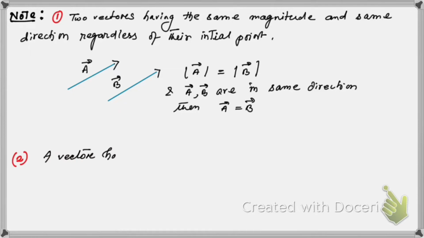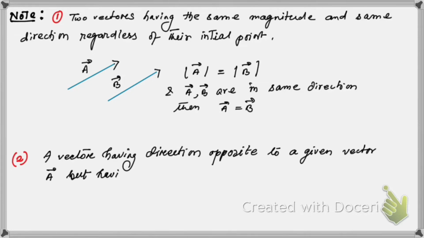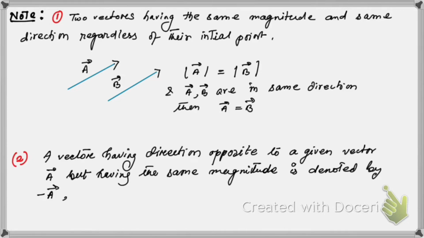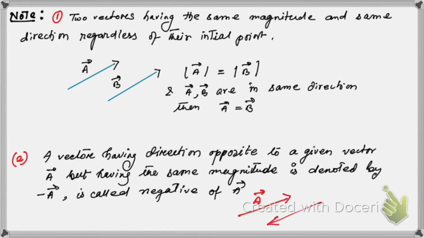And point number two, a vector having direction opposite to a given vector A, but having the same magnitude, is denoted by minus vector A. So it is called the negative of vector A. This vector, opposite to vector A and having the same magnitude, is called the negative vector of A. These two vectors are opposite in direction, and the magnitudes of these two are equal.